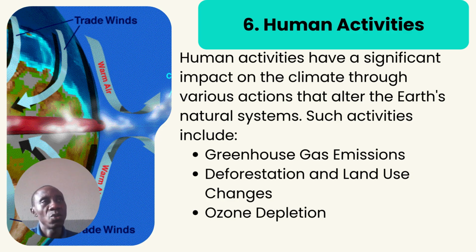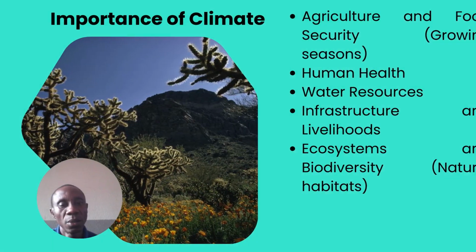This tends to trap heat in our atmosphere and release higher temperatures on the surface of the earth. Of course, deforestation, clearing green areas and vegetation, which would have mopped up the carbon dioxide in our atmosphere, also increases temperatures when this vegetation is taken.